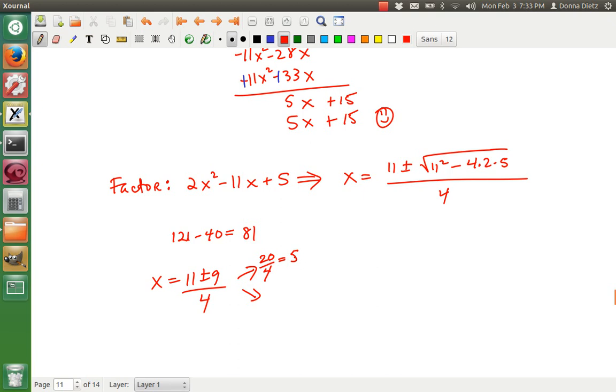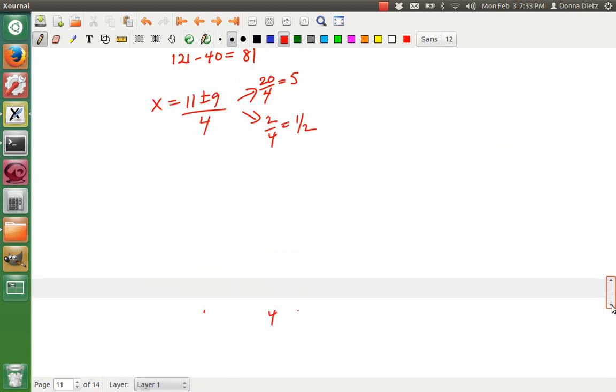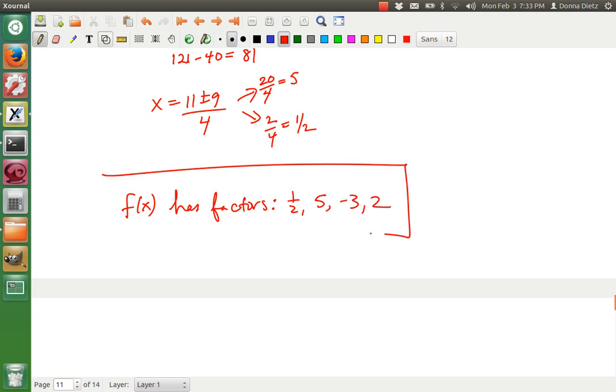But if you use the minus, 11 minus 9 is 2 over 4, which is 1/2. Okay, so all the factors together, f of x has factors 1/2, 5, minus 3, and 2 in no particular order.